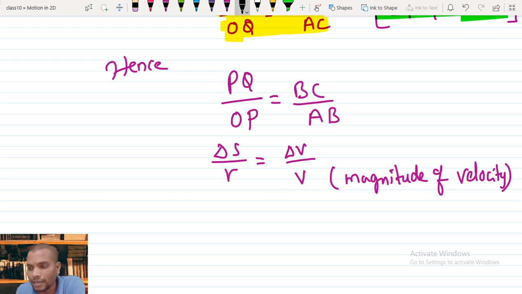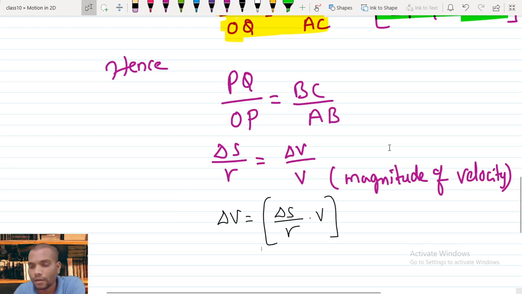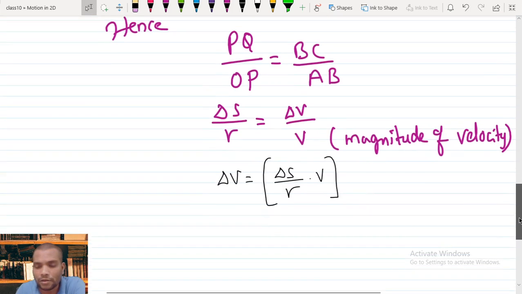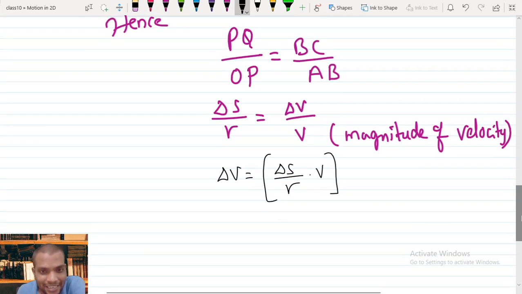Now if we rearrange these terms, I can write delta V equals delta S upon R times V. Now that is a change in velocity, but we want the acceleration.